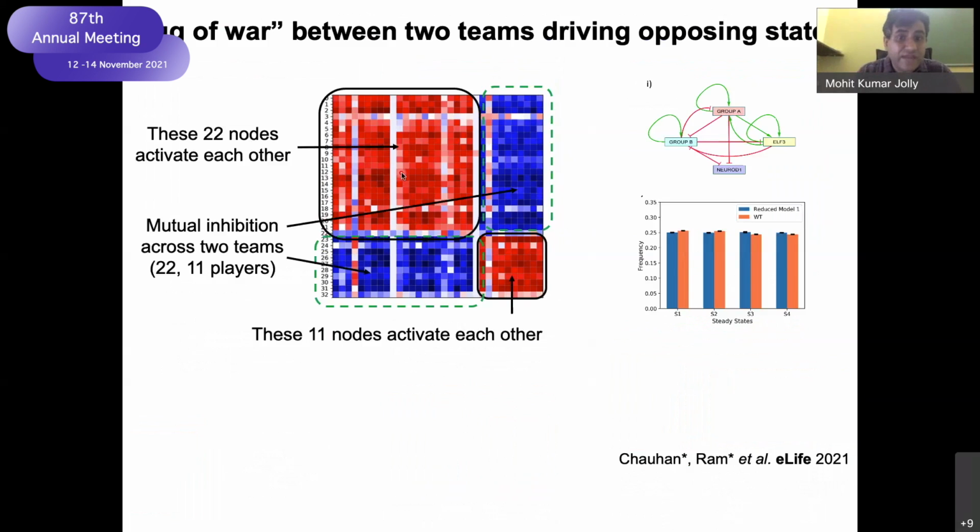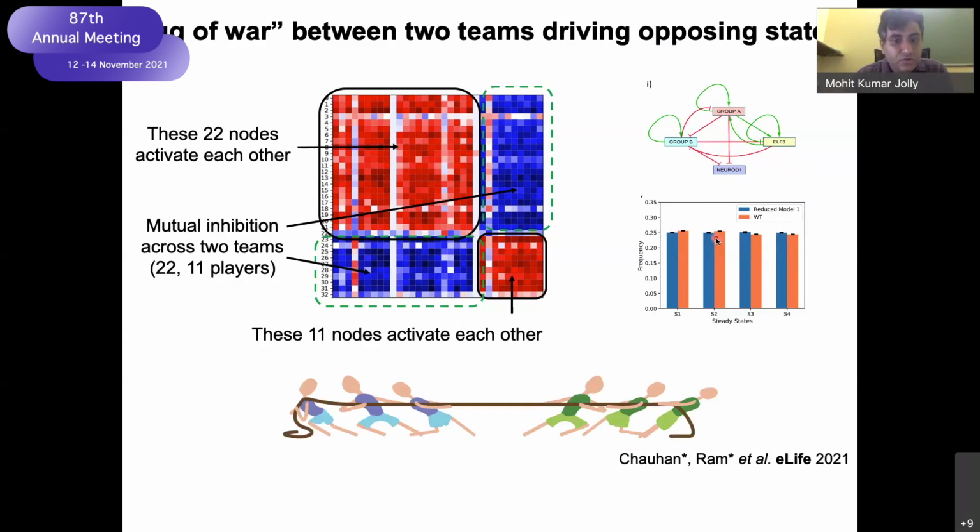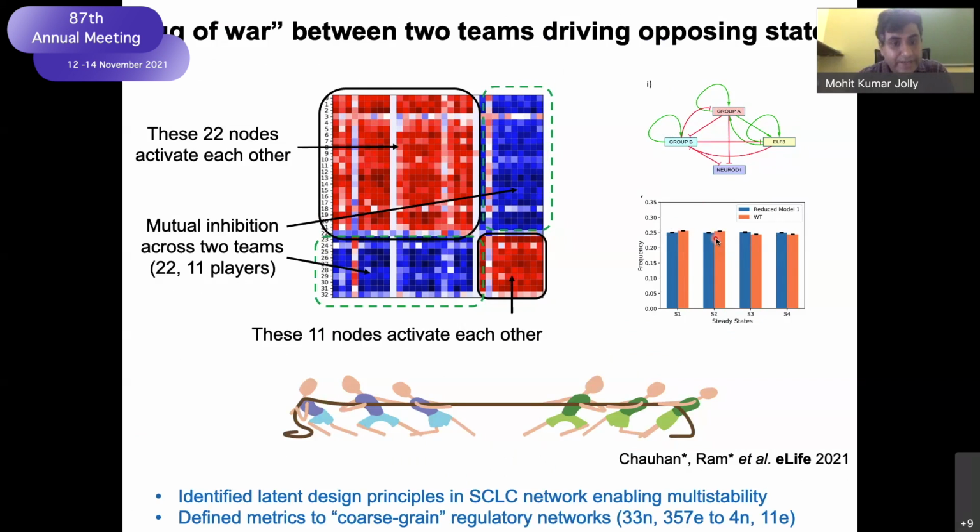So using this, we were actually able to reduce a very large network, a 33 nodes, 357 edges network, to a very small network, because there is so much degeneracy and redundancy present in the system. And when you simulate it, you actually get identical behavior to what the large network was able to get. So, of course, we figured out a design principle, how these networks were operating, and also a strategy to coarse grain these kinds of regulatory networks.